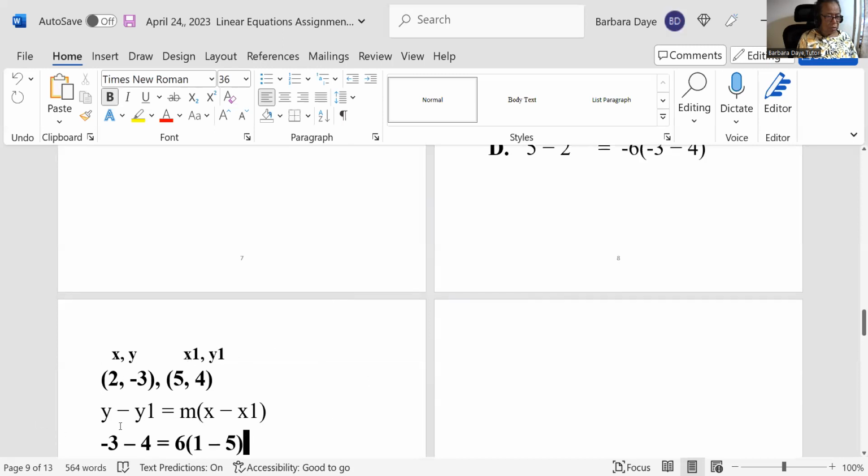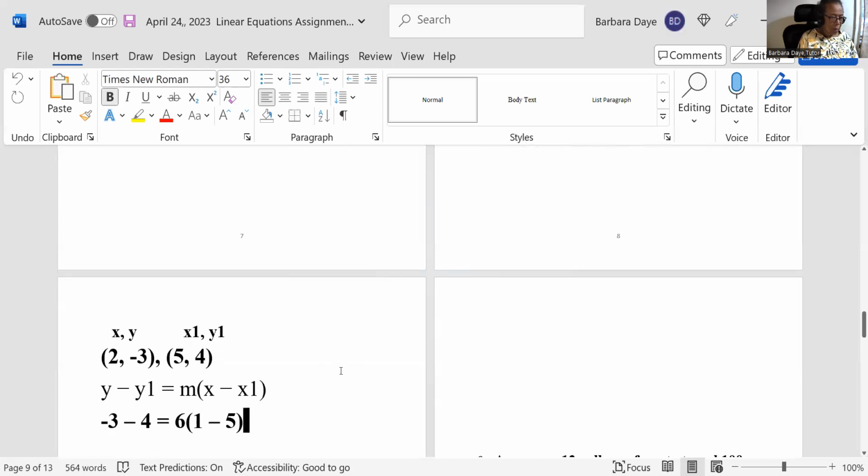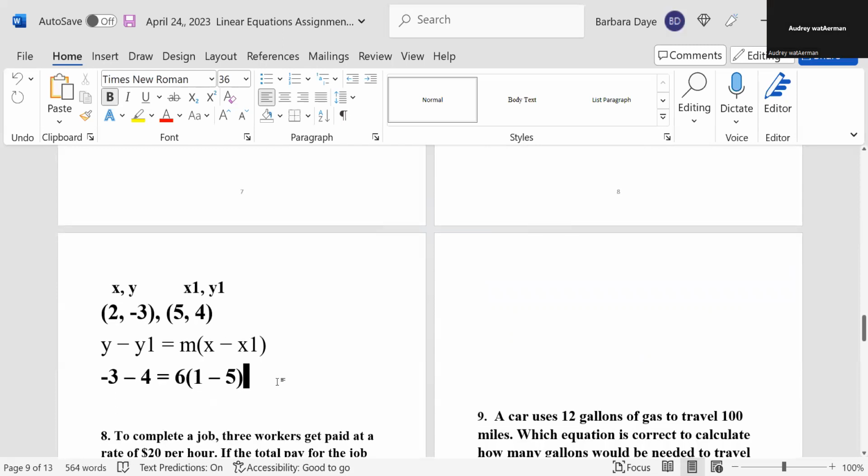So we substituted in y, which is -3, y1 is 4, x is 2, and x1 is 5. So where do we get 1 here?